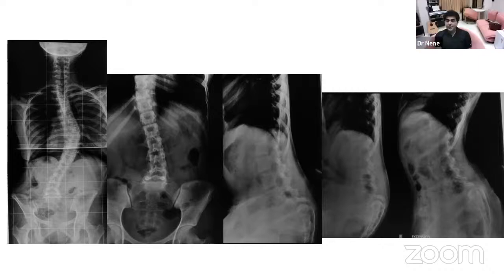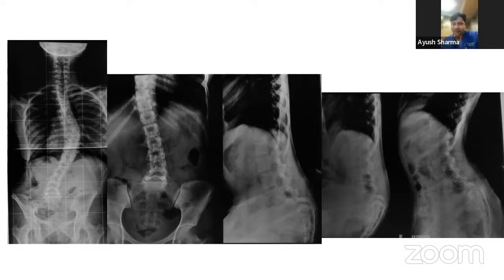Ayush, do you have an indication to do scoliosis before the spondy? Or do you have an indication to do scoliosis with the spondy? You're muted, sorry. Sorry. I don't think the scoli is a structural curve, looking at whatever we have discussed.